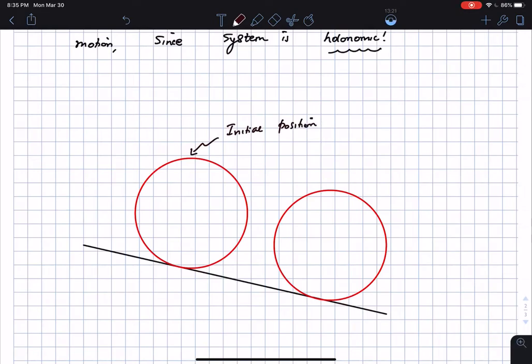And then let's say that this is the position at some time t. And we know that these are all rolling without slip and so on. So I look at the center of mass here. I join them by a straight line.